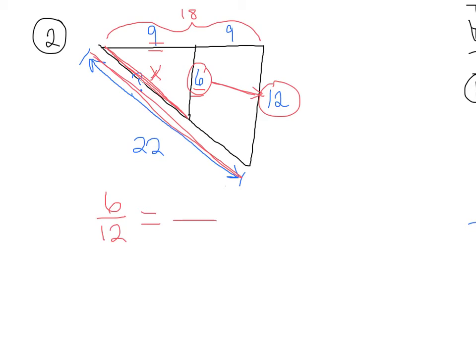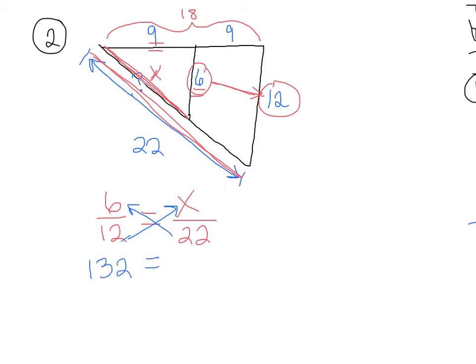So again, I need to put the smaller triangle on the top and the larger triangle length on the bottom, which is x over 22. The way to solve is cross multiplying. Think of that bottom number crossing and multiplying with the top. So on one side we get 6 times 22, which is 132.